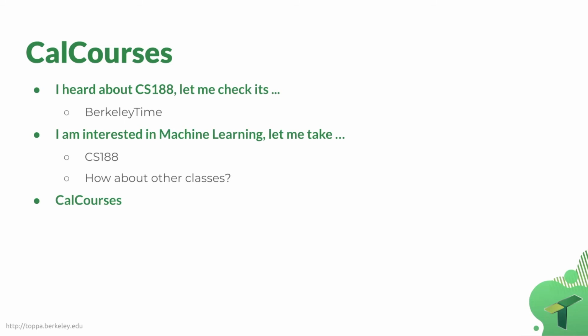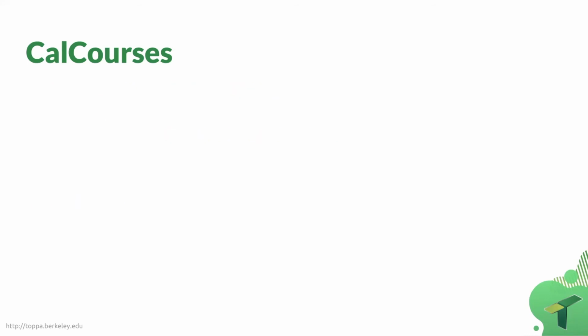We're going to put up a web app that automatically recommends to students what courses to take based on their intended majors and minors, and also the courses they have already taken. Next slide.